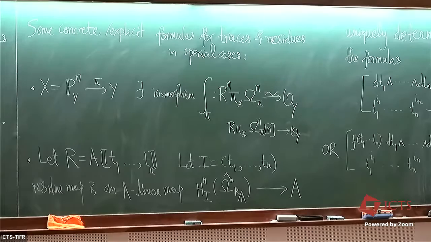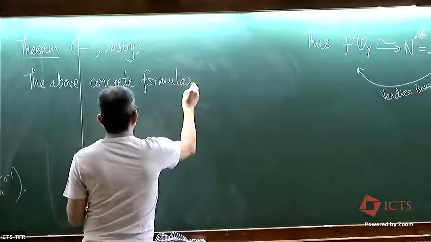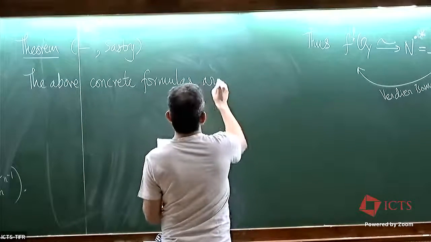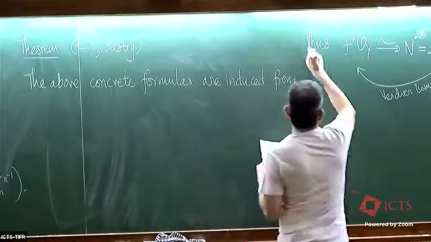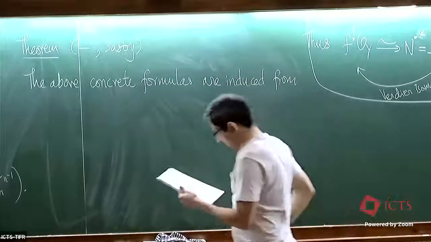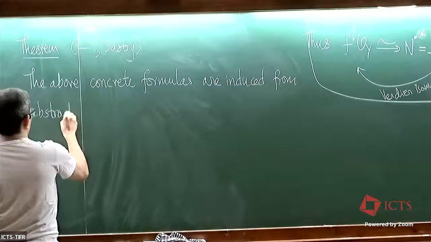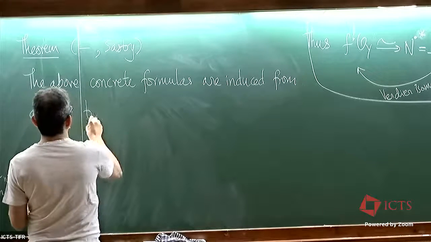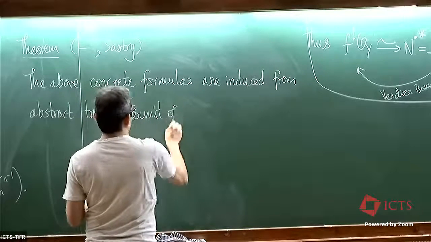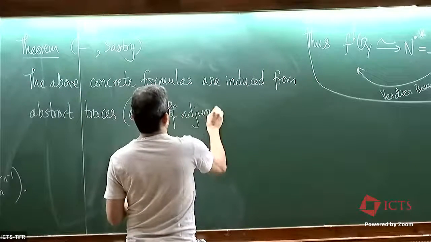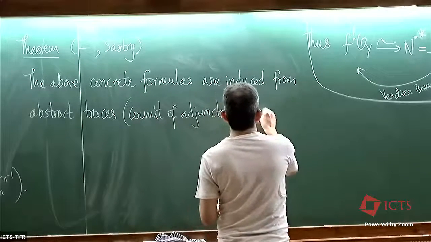So the above concrete formulas are induced from abstract traces, which is basically co-units of adjunctions, via the Verdier isomorphism.